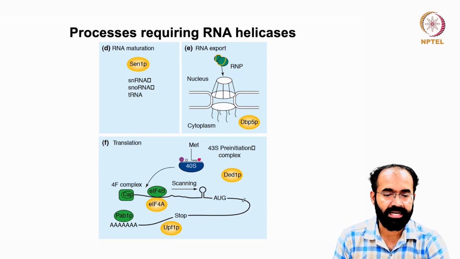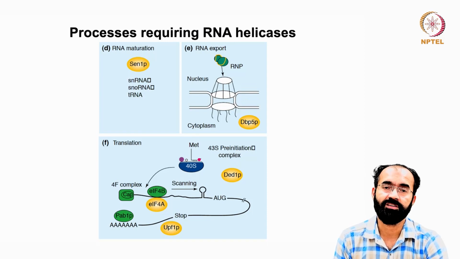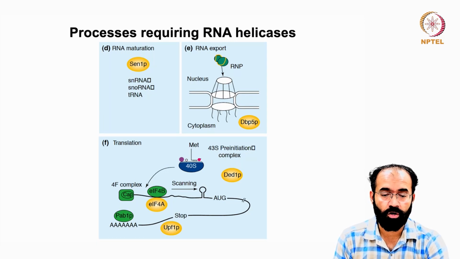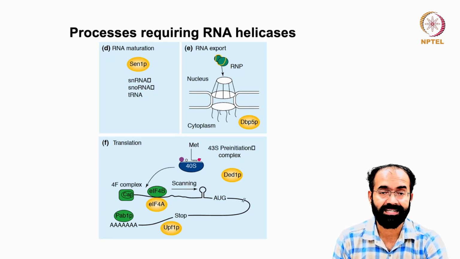So snRNA, snoRNA and tRNA maturation is governed by SEN1P, and there is another step E, that is RNA export, that is governed by DBP5P, one of the important cytoplasmic RNA helicases that contribute to the movement of RNP across the nuclear pore complex. And then comes F, that is the translation.